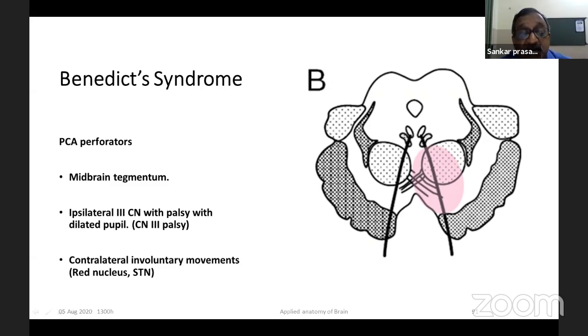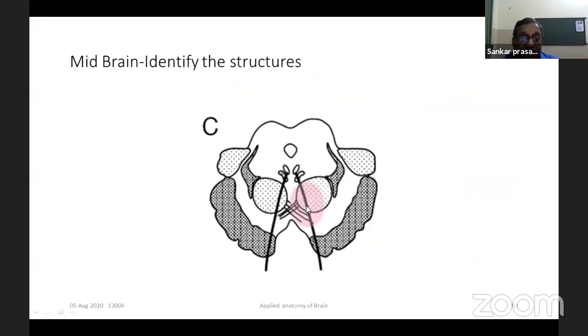Third nerve palsy with dilated pupil, and contralateral involuntary movements because of involvement of the red nucleus as well as the subthalamic nucleus. Red nucleus involvement gives rise to rubral tremor in Benedict syndrome.